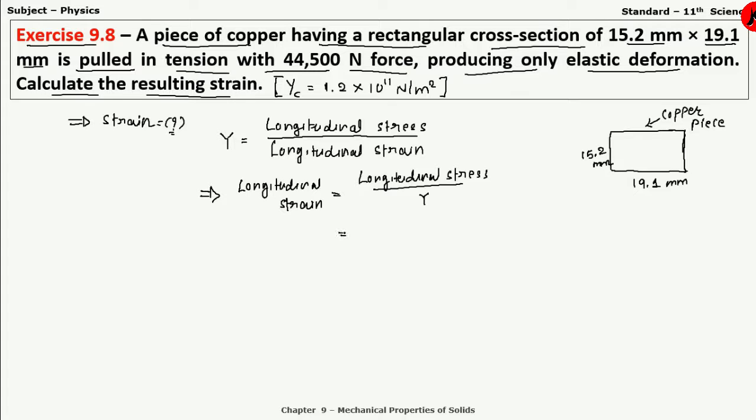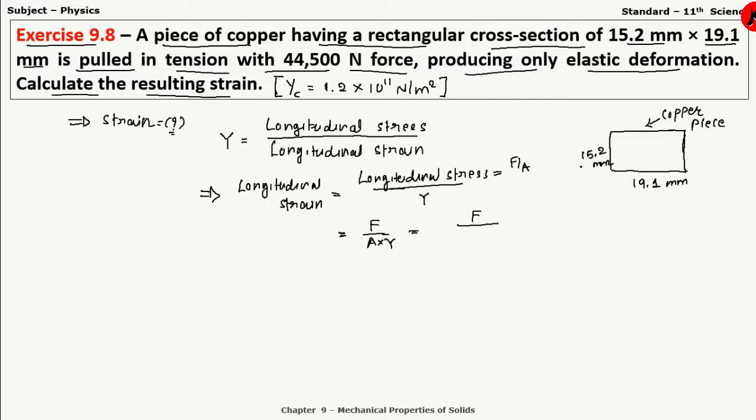Now we know stress is given by force per unit area, so we can write F by A into Y. Longitudinal stress is given by force per unit area, right? So equation becomes F by A into Y, where A is the area of copper piece. So F divided by area.